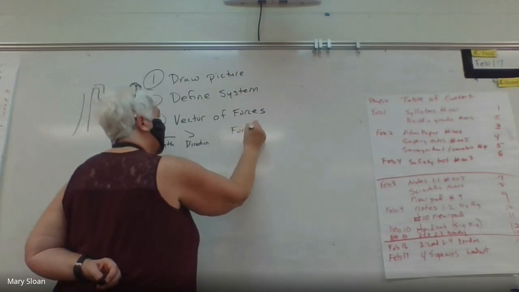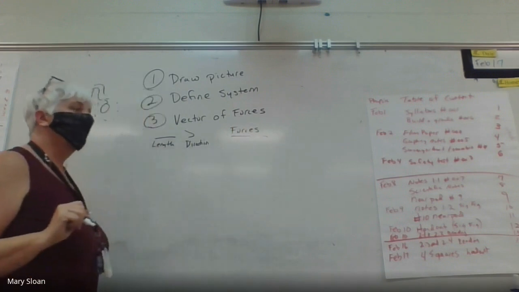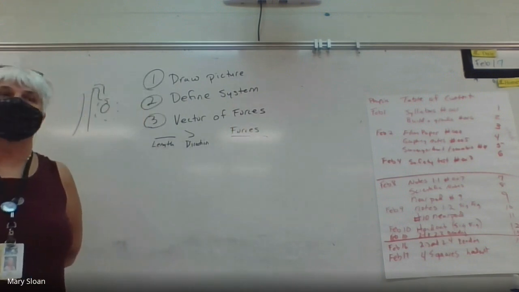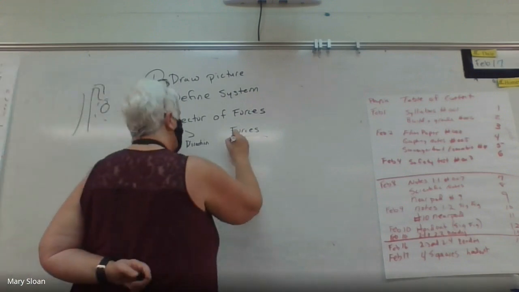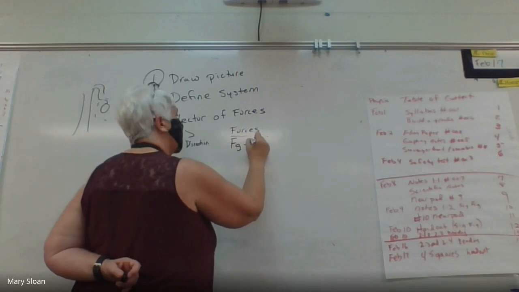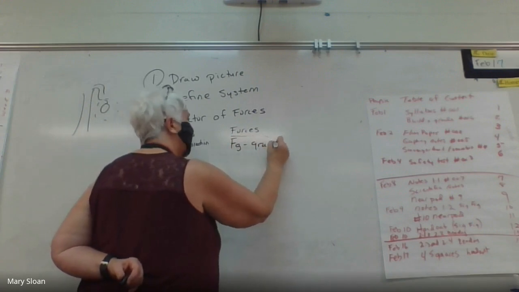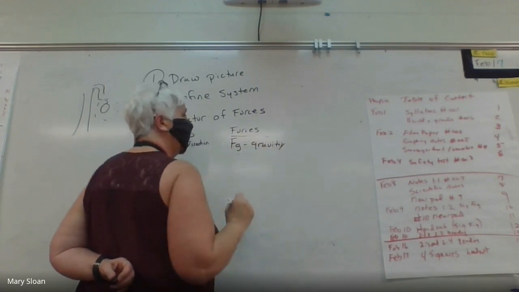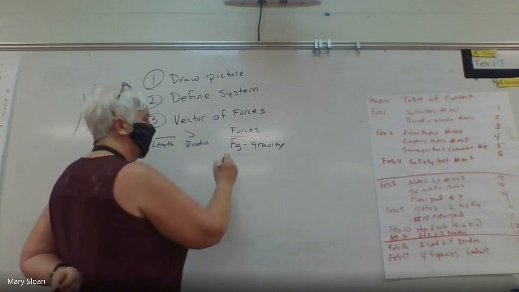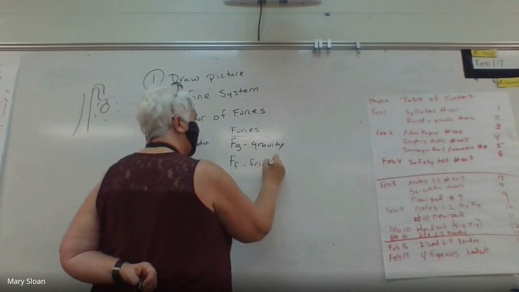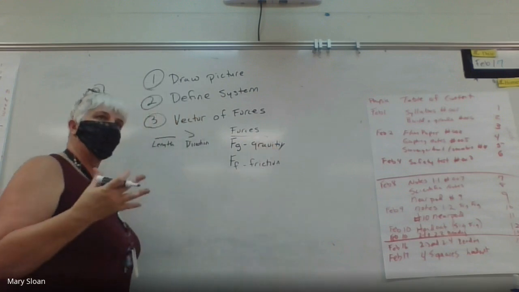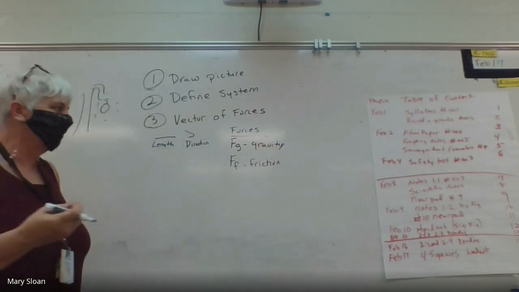The different types of forces that we have. Does anybody know any of the forces? What are some of the forces? Fg, which is gravity, right? What other one do we have? Force friction, which would be something like if you're dragging something or something slowing down.